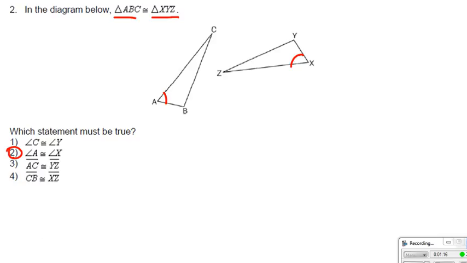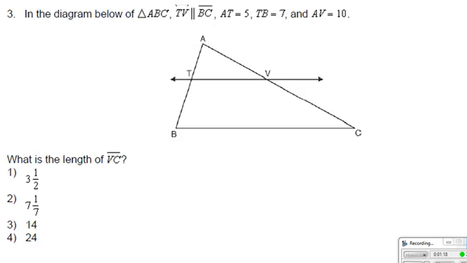Alright, let us move on to the third question. Here we have AT is 5. Now TB is 7. And AV is equal to 10. Now what is the length VC? Now we realize we can try to go for 5 to 10 to 7 to x, but rather than that, what I like to do is remembering the corresponding size.